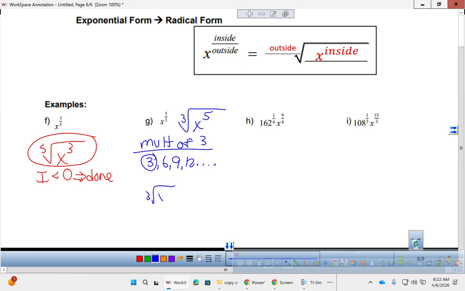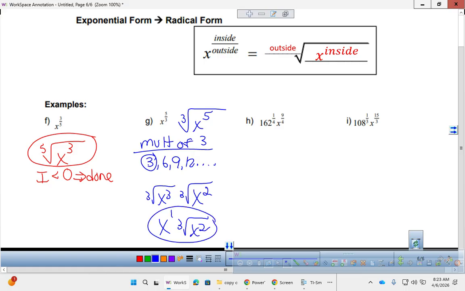So I'll do the 3rd root of x to the 3rd, and what would my other exponent be? 2. Remember, it still needs to add to 5. That value of 5 still needs to be here. Inside divided by outside, right? So 3 divided by 3. This becomes an x to the 1st. And you don't have to write the 1.